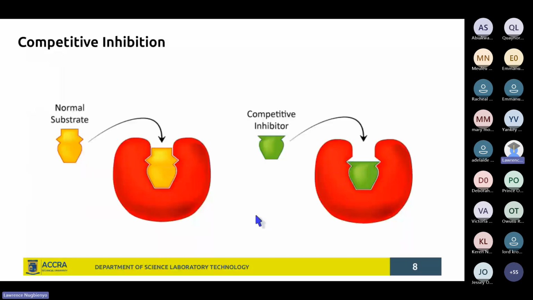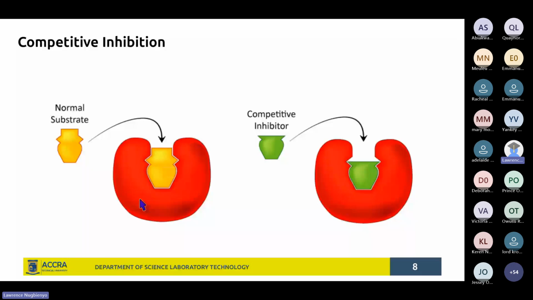Okay, now inhibition itself, we can do some classification of it, so that we have what is referred to as competitive inhibition as one of the forms of inhibition that we'll see. In this case, you do remember that an enzyme has a particular part of it which is referred to as the active site, where you have the catalysis of the chemical reaction occurring.